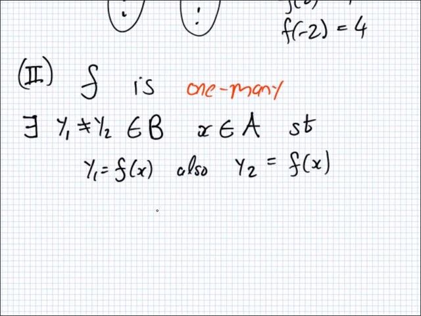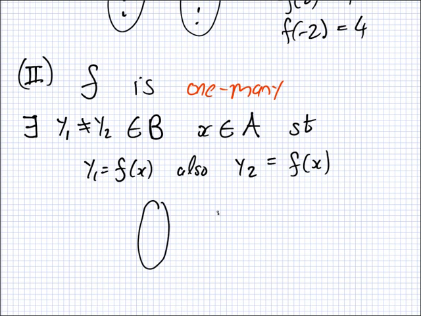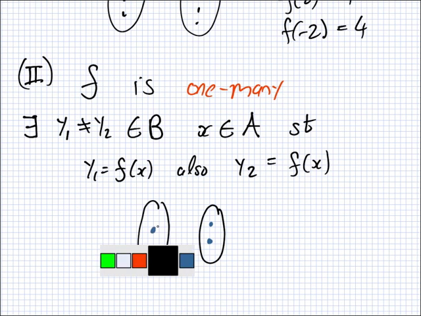So the picture here is like this. You have 2 here, and you have 1 here, and you could have 1 that goes to 2 different answers.